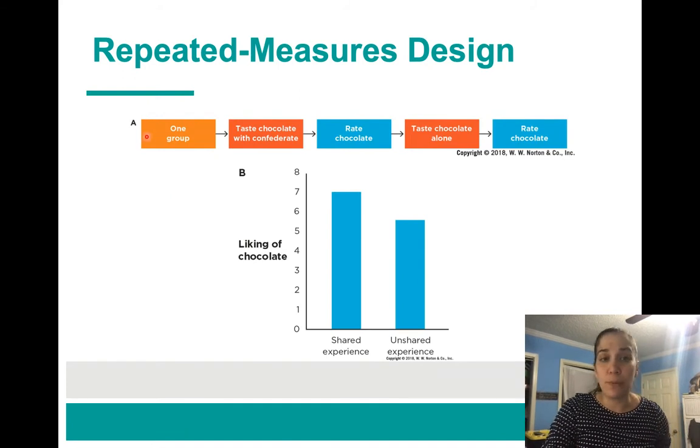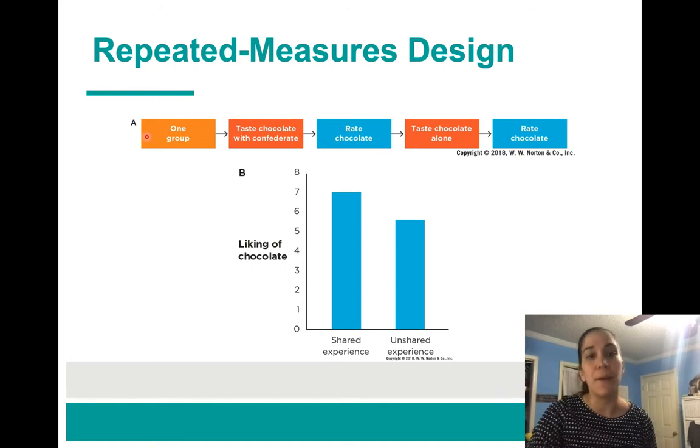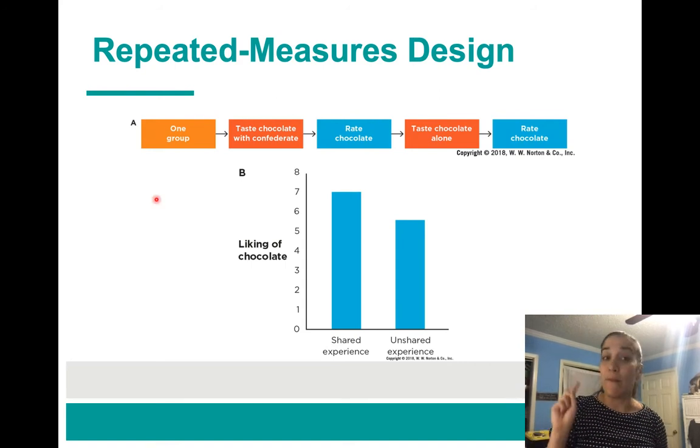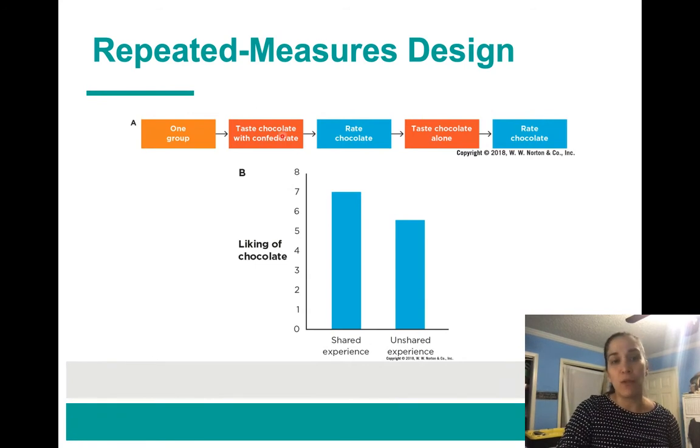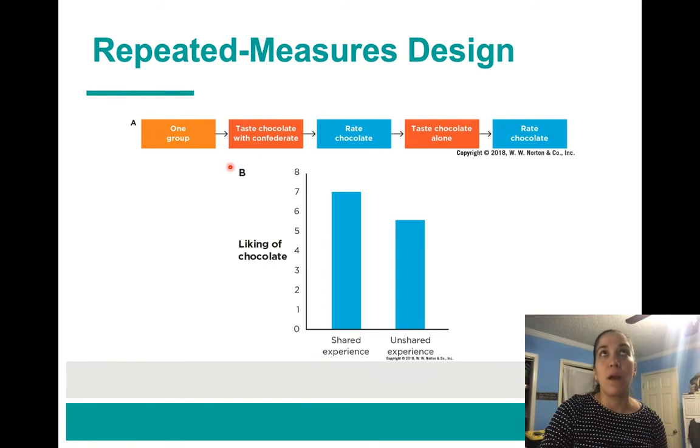So you have one group, and everybody in that group, individually, they don't have to all do it together. So you only have one group though, and everybody in that group, let's say you wanted to see how much someone likes chocolate differs depending on whether they were alone or with somebody in the room.